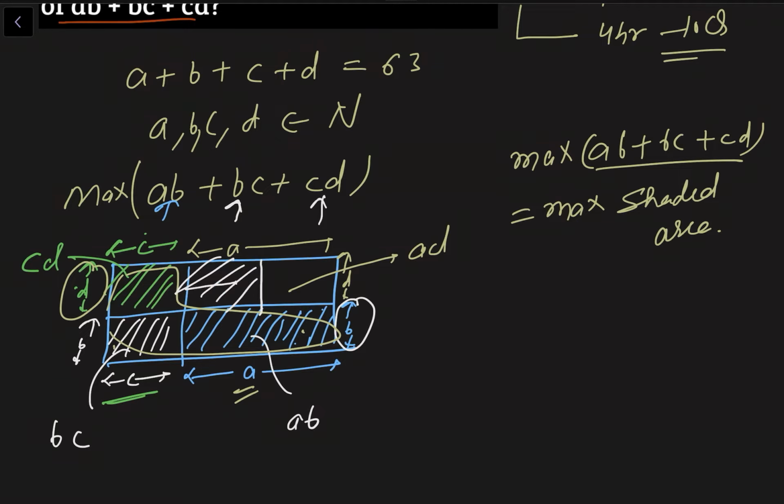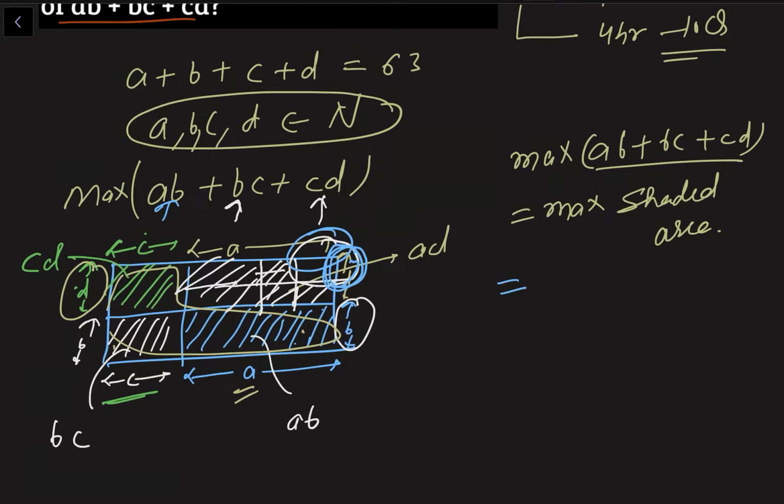So if I increase it further and further, what is the length? This length is D only, but D is a natural number. So D at least can be 1, it cannot decrease to less than 1. Same way for this side length also. So the shaded area is maximum when this length, that is D, is equal to 1, and this length, that is A, is equal to 1.